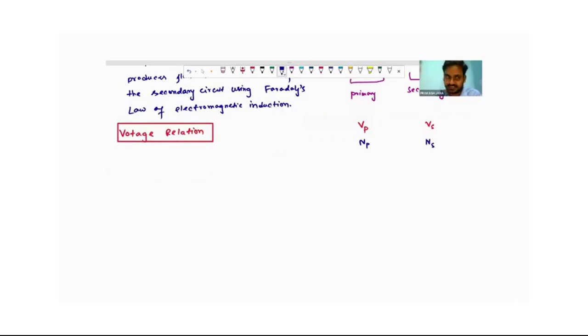Then Vs by Vp equals Ns by Np, the ratio of the number of turns in the secondary to the number of turns in the primary. So the voltage induced in the coil is proportional to the number of turns.